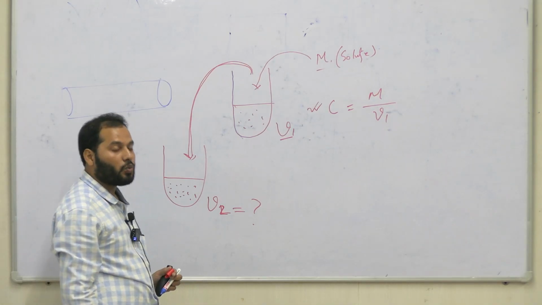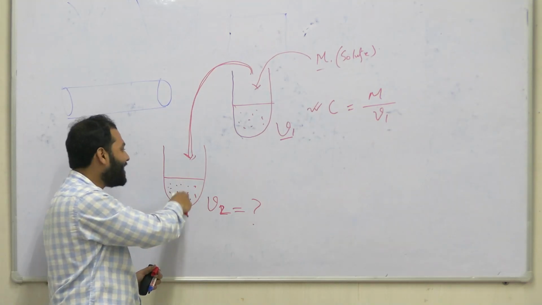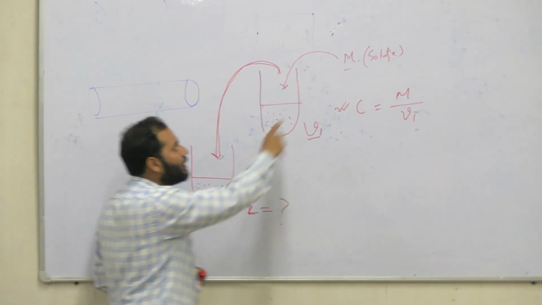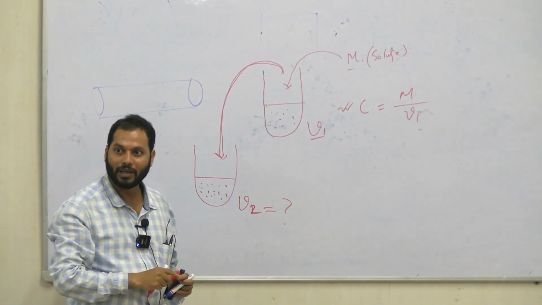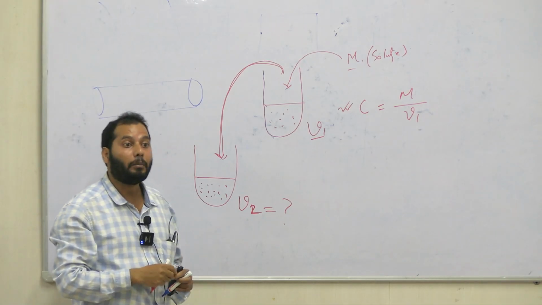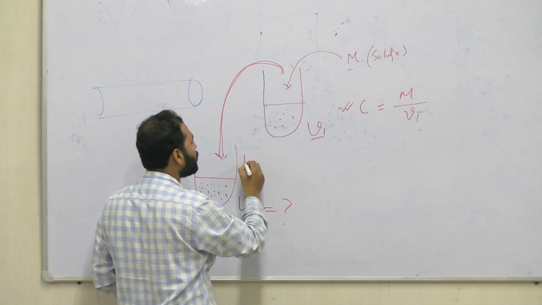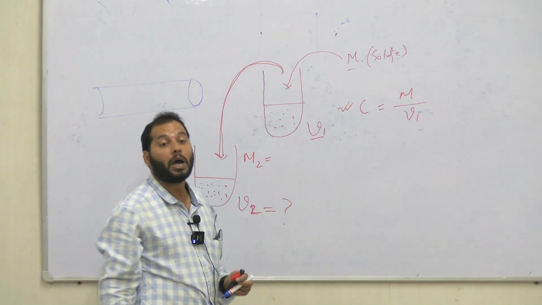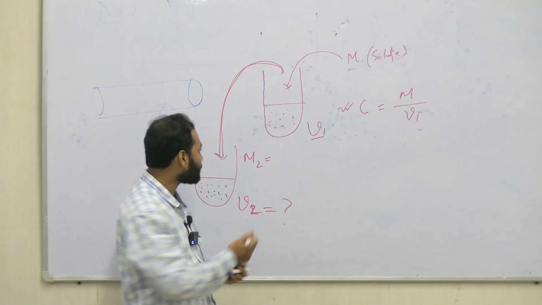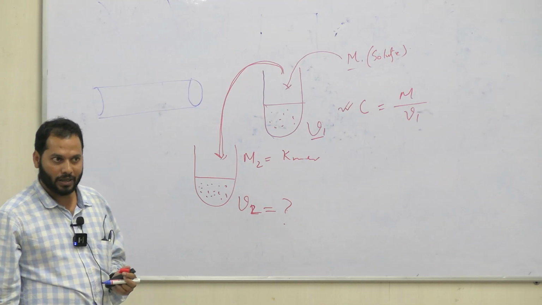Clear? Not only the same type of dye, the mass of the dye is also the same. So in the second tube we also know the mass of the indicator, the mass of the dye, the mass of the substance, right? So the mass is known, but the volume is unknown, right?